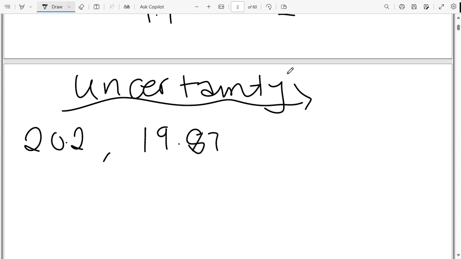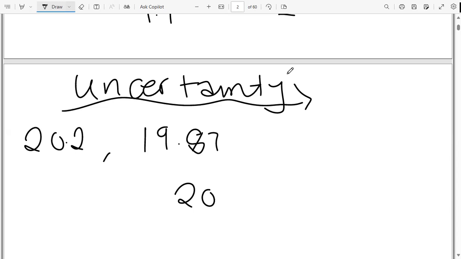But you're expecting that number to be in the range of 20. That means you're having a degree of uncertainty. Hence, you're just keeping it in a range. There is a range in which you're expecting your measurement to fall, and that is what we call uncertainty in simpler terms.